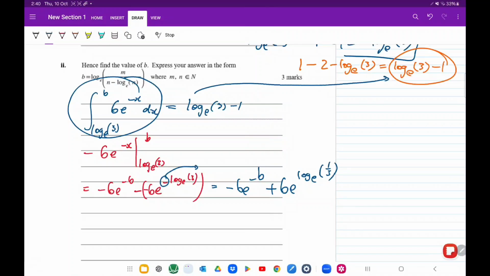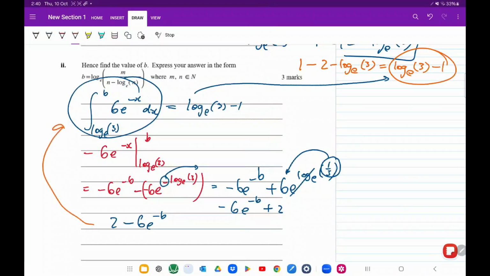We take that 1/3 at the front, and that becomes negative 6e to the negative b plus 2. That cancels out, and we've evaluated our integral: 6 minus 6e to the negative b. So we've evaluated that equation on the left.